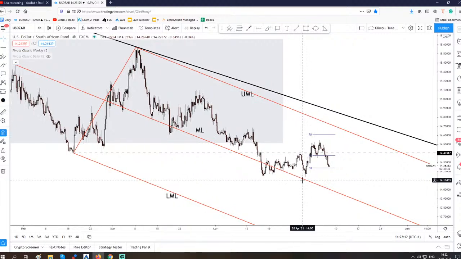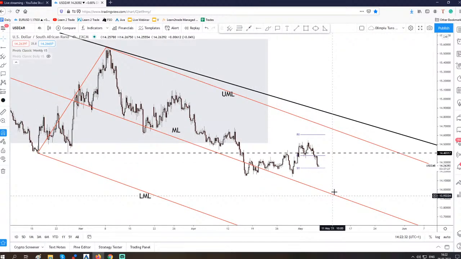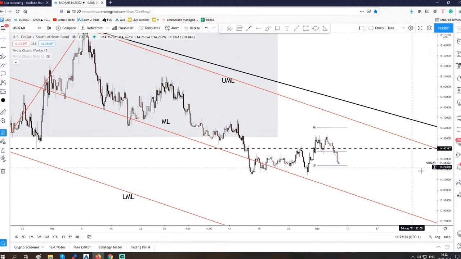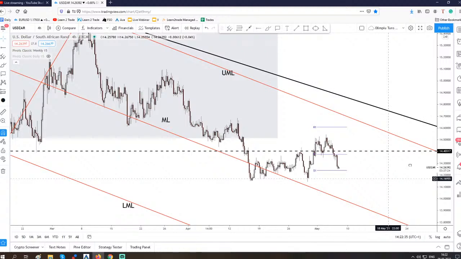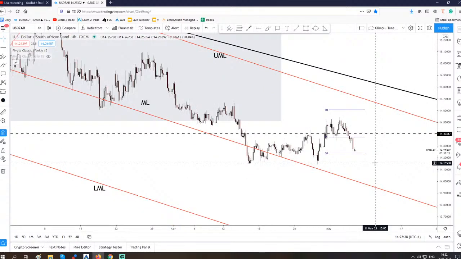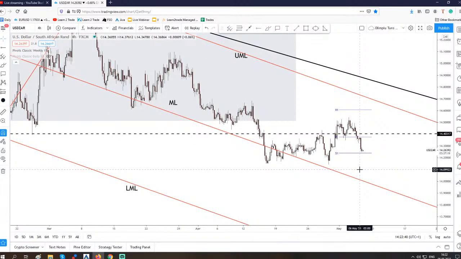Unfortunately, it has failed to come back towards the upper median line. It has failed to stabilize right above 14.4031, and a potential drop below this weekly support could signal a further drop towards these lower lows, towards the median line of the descending pitchfork, guys. So the bias is still bearish here. We don't have an opportunity here.